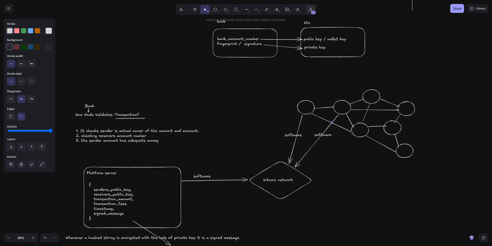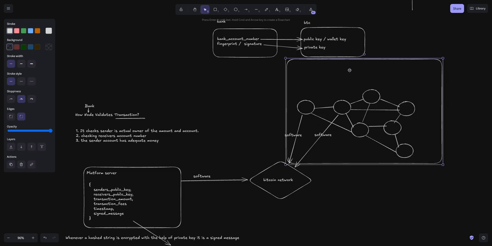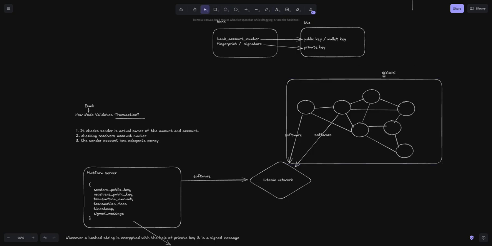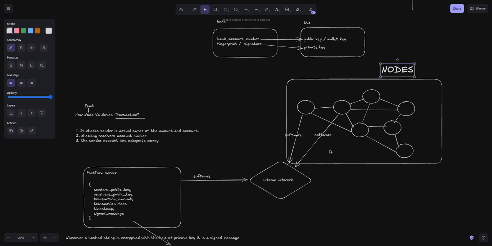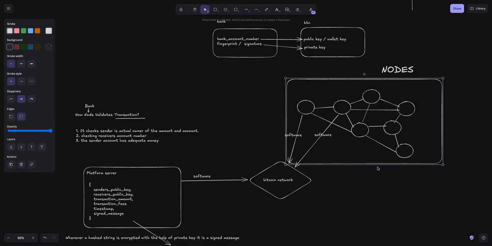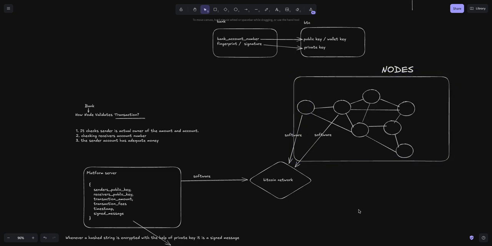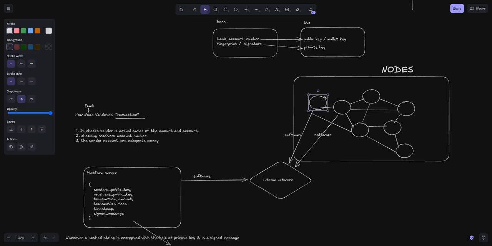And what are all these things called? They are called nodes, because they register themselves on the Bitcoin network as nodes, right? I hope you got this. They register themselves and call themselves nodes.